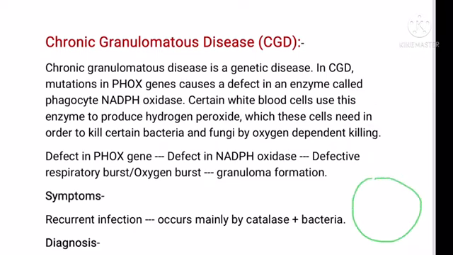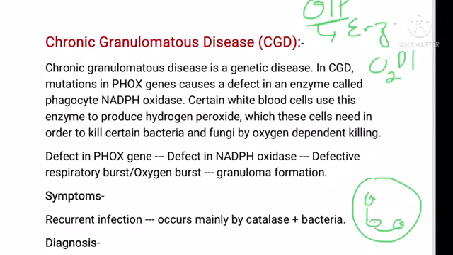Chronic granulomatous disease, some idea about this. There are different pathways by which the WBCs kill the bacteria. Number one is the oxygen independent pathway by different sorts of enzymatic activities. Another one is the oxygen dependent pathway. In this, oxygen should be there, and another enzyme like NADPH oxidase.